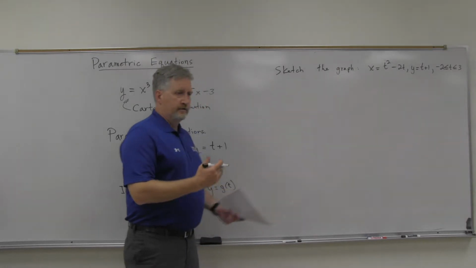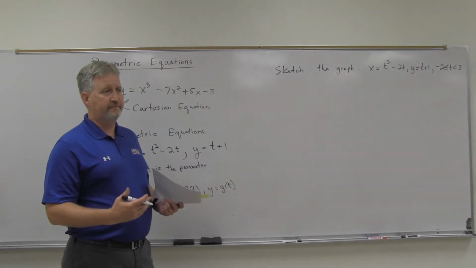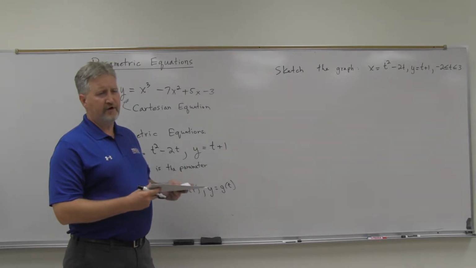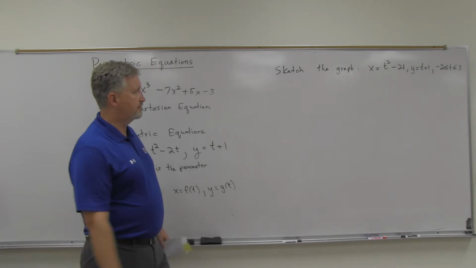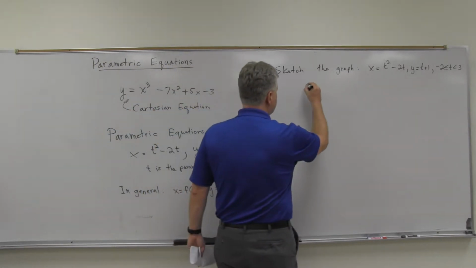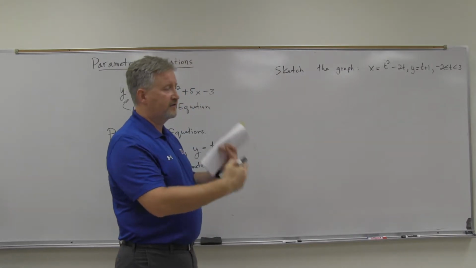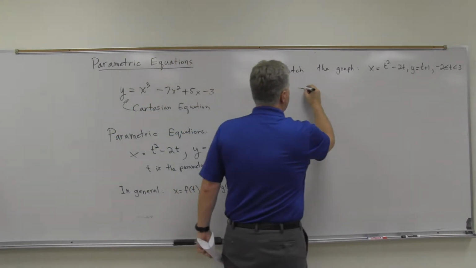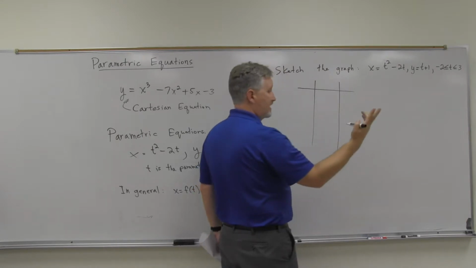Now, it's a good idea just to get used to this. We'll talk about the calculator. The calculator can definitely help us on this, but let's go through a couple of them just to get the feel for how all this works together. When I do a table, I have to have 3 columns.